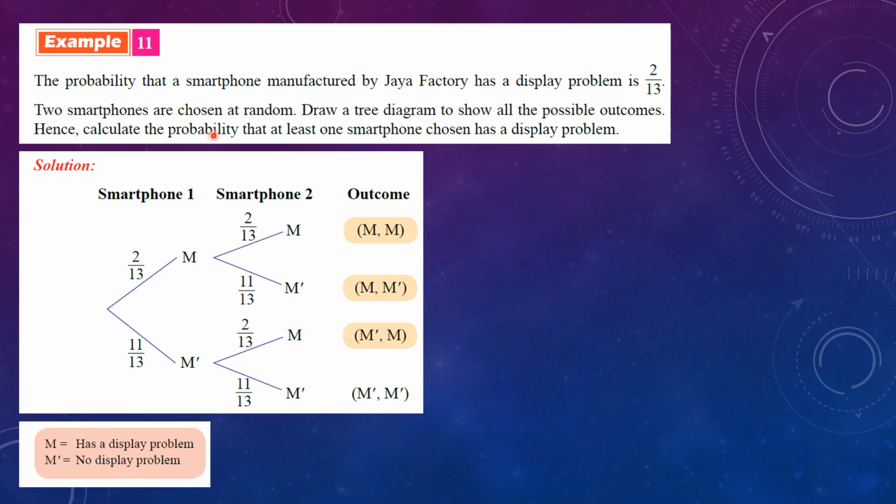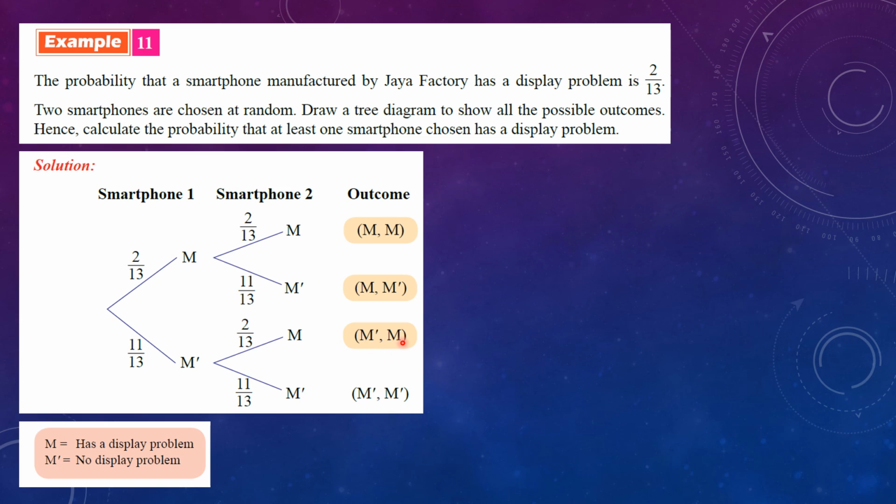Hence, calculate the probability that at least one smartphone chosen has a display problem. So that means at least one. M prime M prime cannot be included, because this does not have any problem. They want at least one smartphone to have a problem.